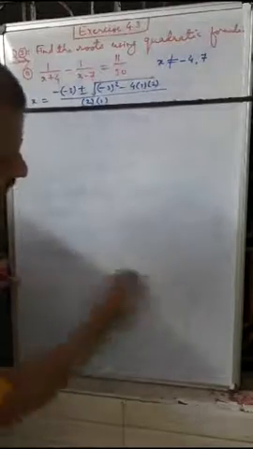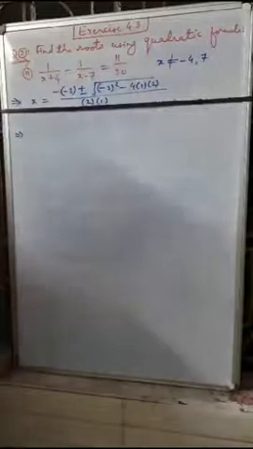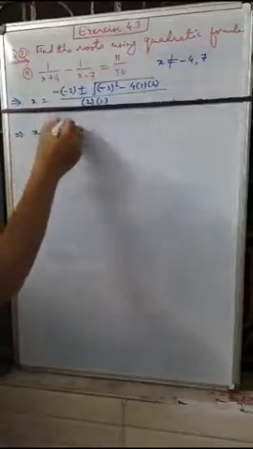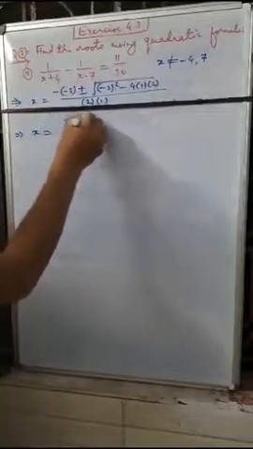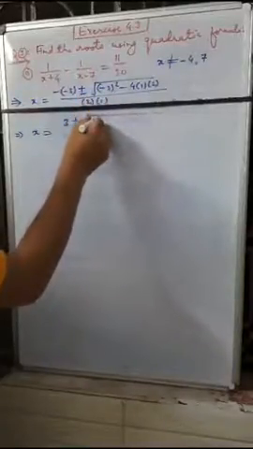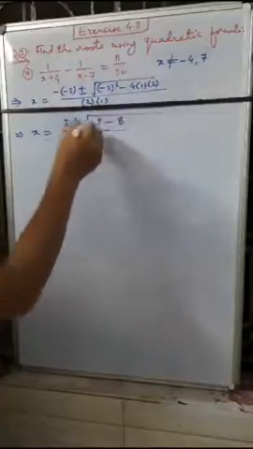Now we can find the roots by solving this quadratic formula. So x is equal to 3 plus or minus under root of 3 square, that is 3 threes are 9, minus 4 twos are 8, upon 2 ones are 2.